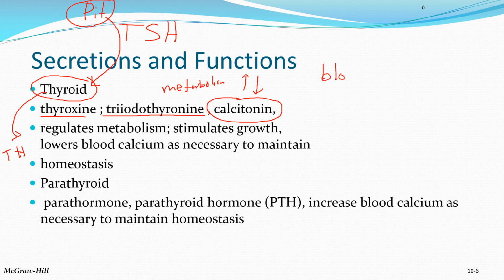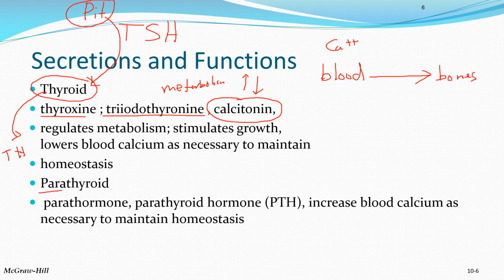So calcitonin takes calcium in the blood and puts it in the bones. So it helps build strong bones. If you have osteoporosis, thinning of the bones, then we may give you calcitonin to help stimulate calcium from the blood getting embedded into the bones.